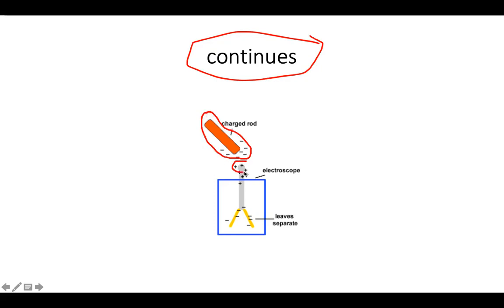Remember, the brass disc is a neutral object, meaning the number of positive charges and the number of negative charges are equal because it is neutral. So now when you bring a negatively charged rod close to it, what's going to happen?